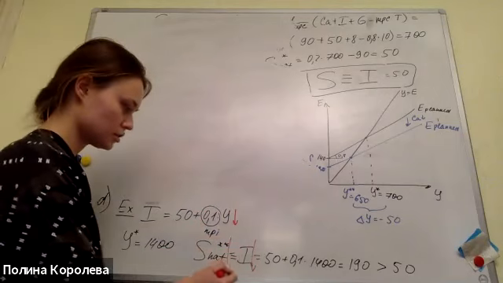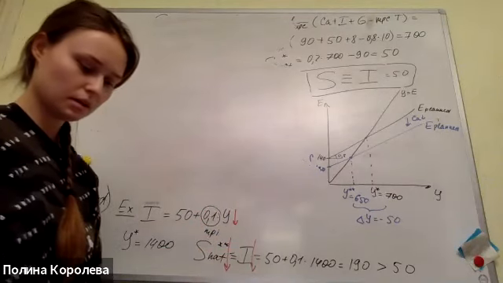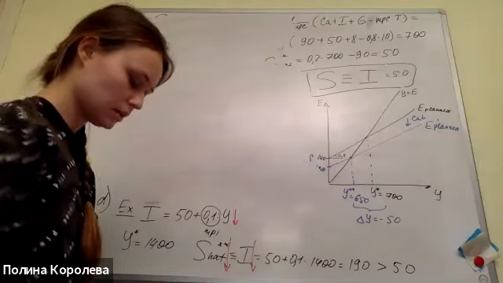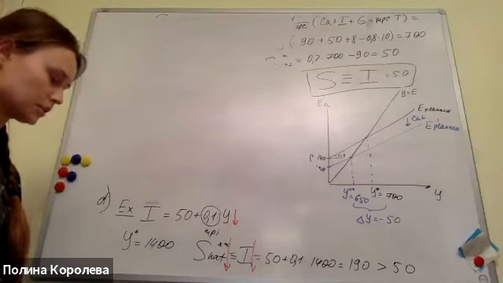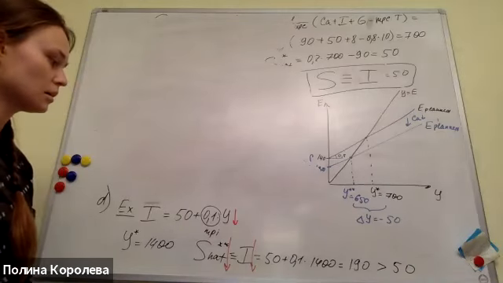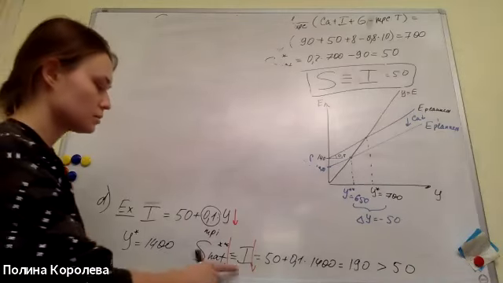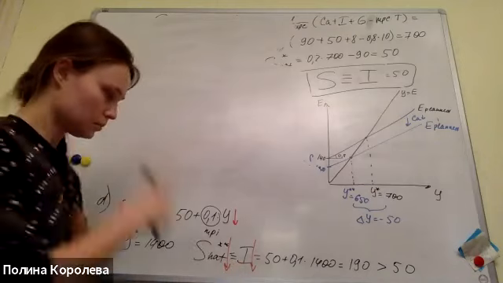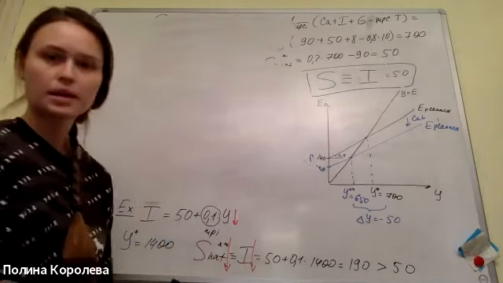That means that national savings will decrease. And here we understand that this paradox of thrift, in its old form, will disappear. Now national savings will not be constant. They will become lower. What does that mean?